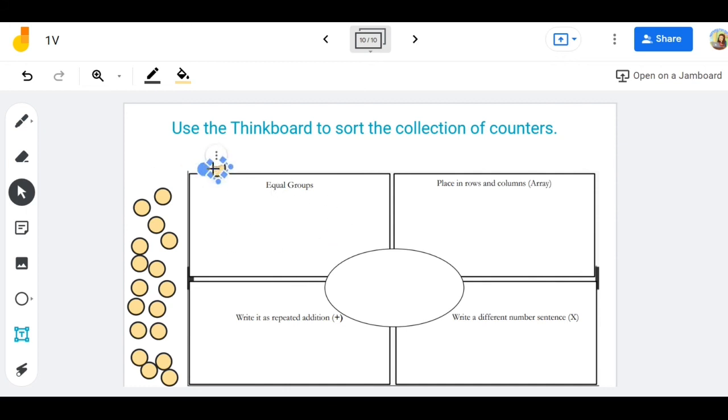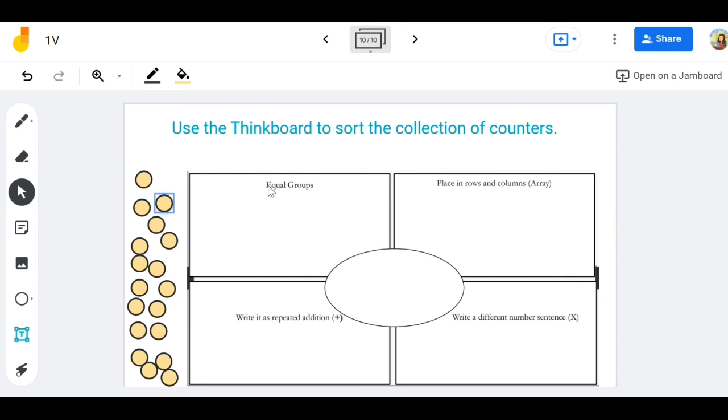But once you've done that, you'll have to use a pen to complete the other tasks. Otherwise, we'd have too many counters on the board, okay? So when you do move them, just be mindful that you press it with the arrow and you hold it down. Sometimes it likes to go for a bit of a twist and a twirl, and it might even change the size. So just try and make sure that you've got your arrow and click on it that way. That'll make it easier to move.